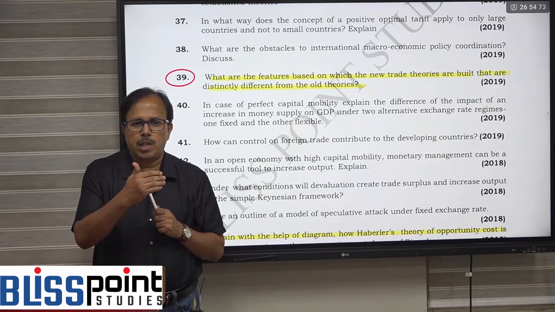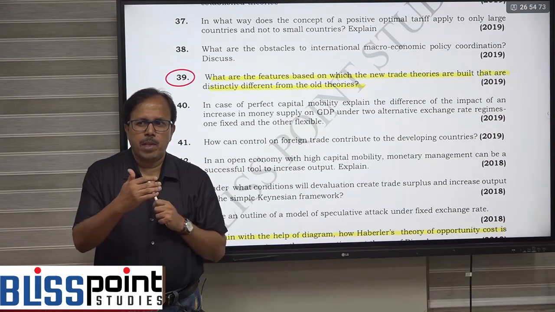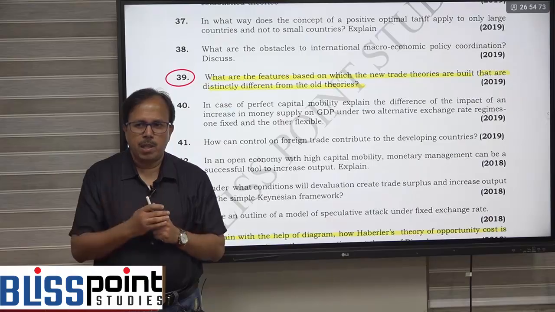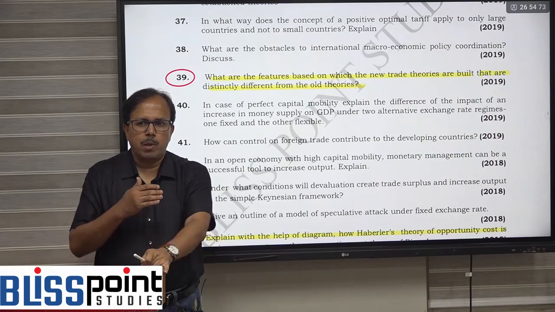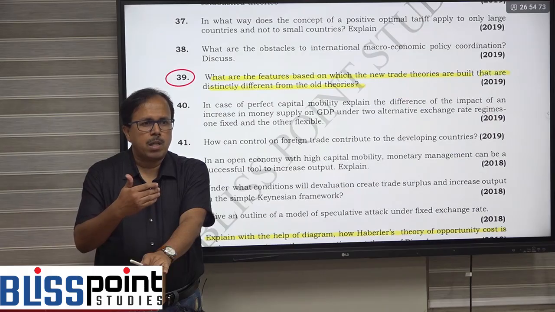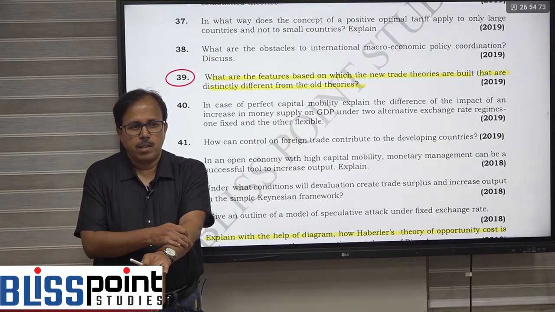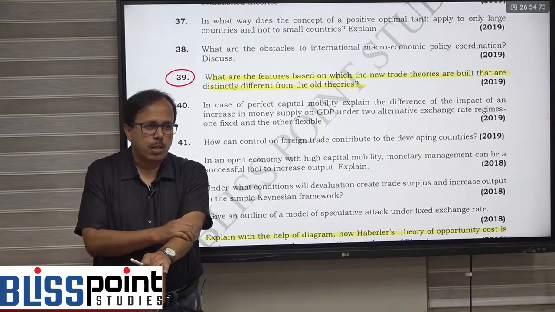Like India is trading with the US also, India is trading with Bangladesh also. But which type of trade between India and US and which type of trade between India and Bangladesh? India and Bangladesh may have more similar resources. So when two countries have similar resources, which type of trade? Intra-industry. And when they have different types of resources, then inter-industry will be more dominating.